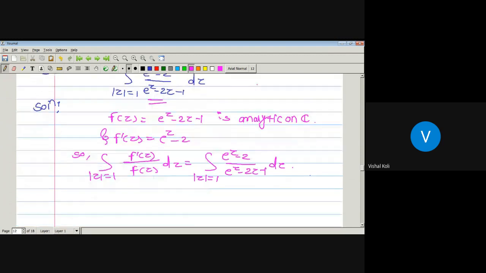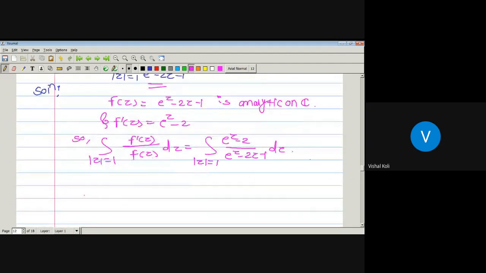Now by argument principle, this value is equal to 2 pi i times something. The argument principle says 1 upon 2 pi i integration over mod z equal to 1 of f dash of z divided by f of z dz is the number of zeros minus the number of poles.